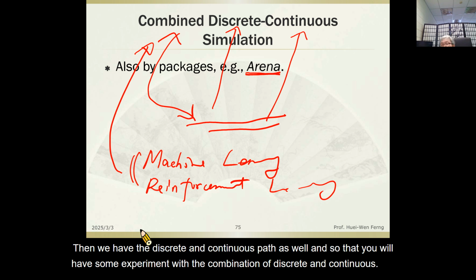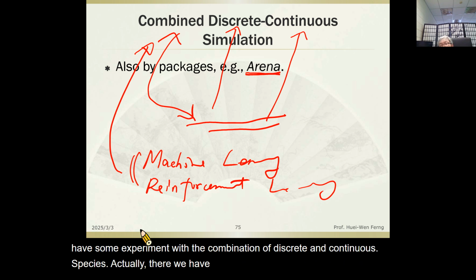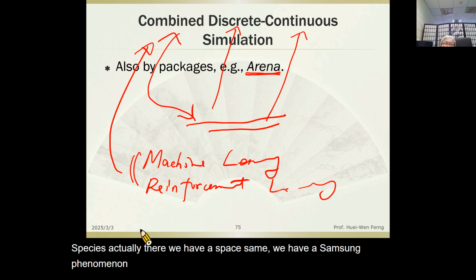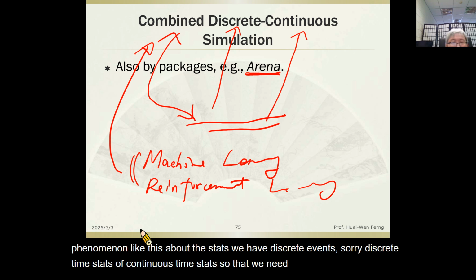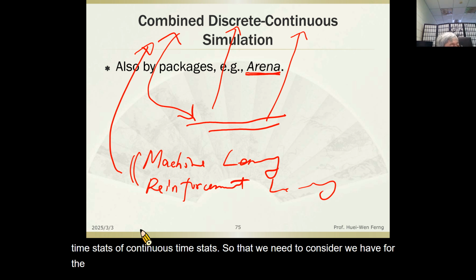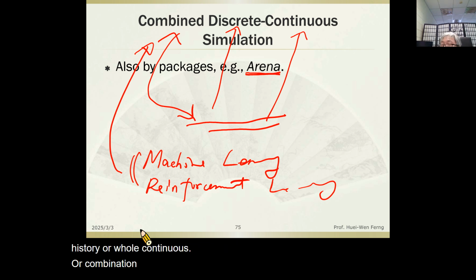We have phenomena like this. About the states, we have discrete time states or continuous time states. So we need to consider whether we have wholly discrete, wholly continuous, or a combination of both.